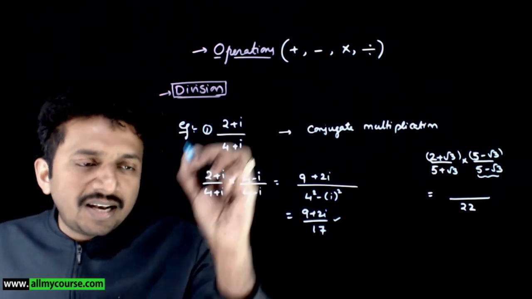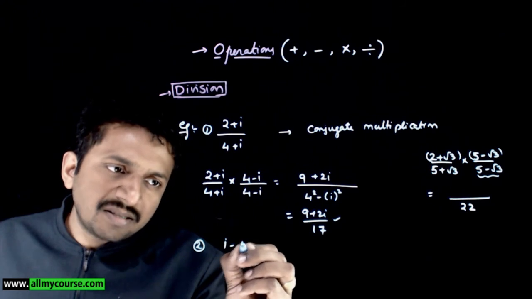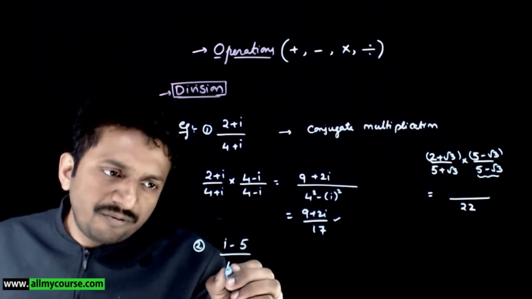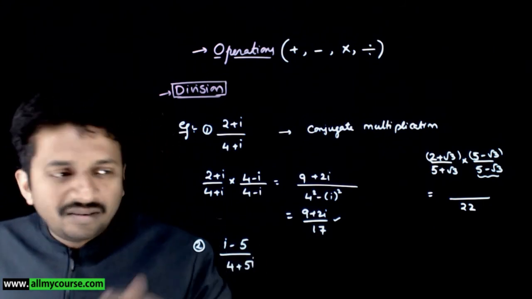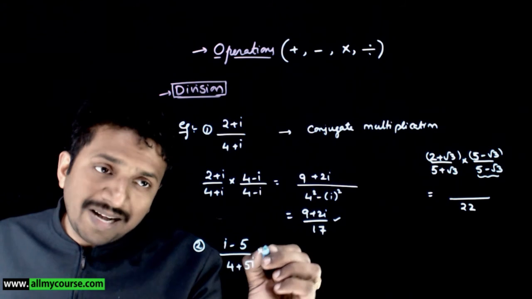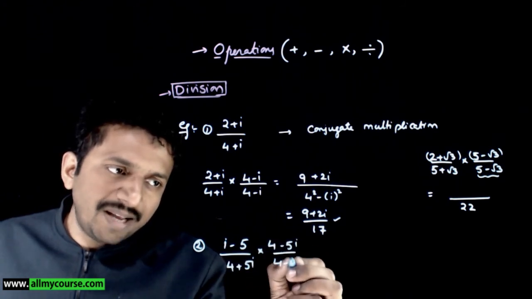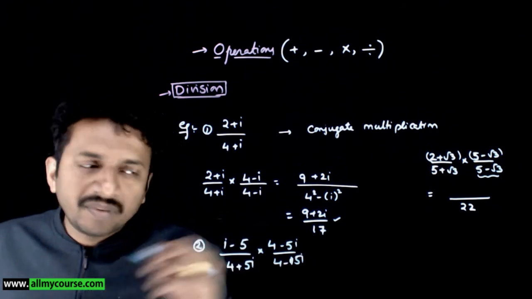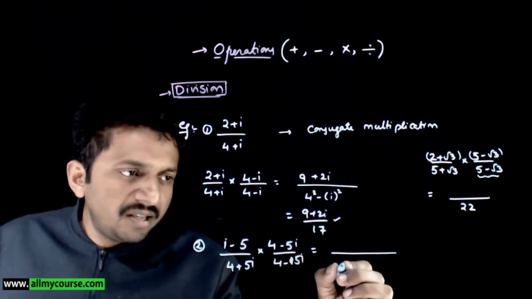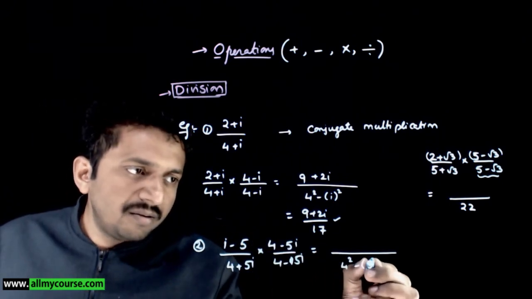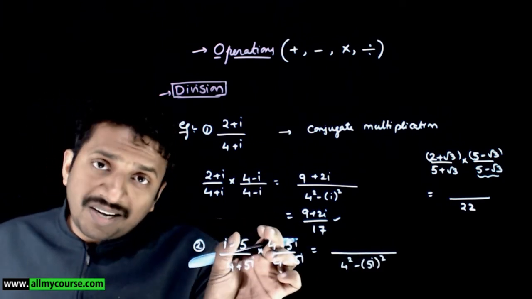Let us take another example: (i minus 5) by (4 plus 5i). If you want to divide these two, you multiply the numerator and denominator with 4 minus 5i. What happens to the denominator? (4 plus 5i) into (4 minus 5i) is 4 square minus (5i) whole square. And the numerator becomes, what is the real part?